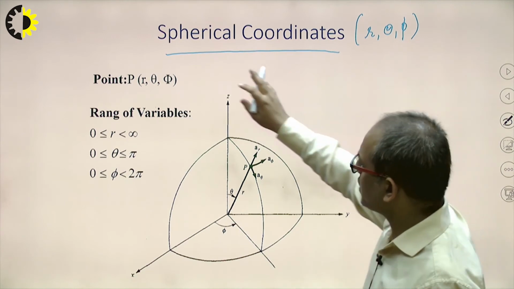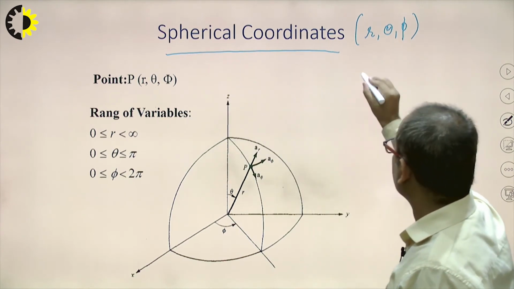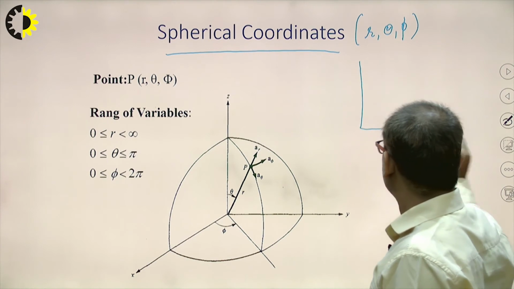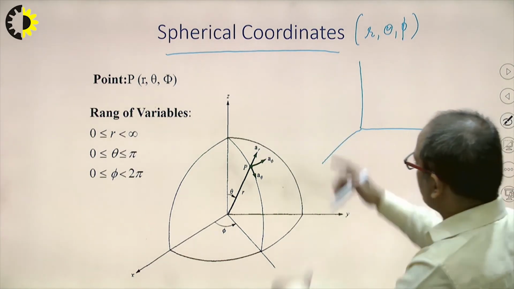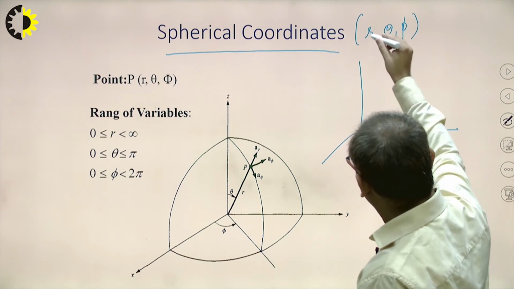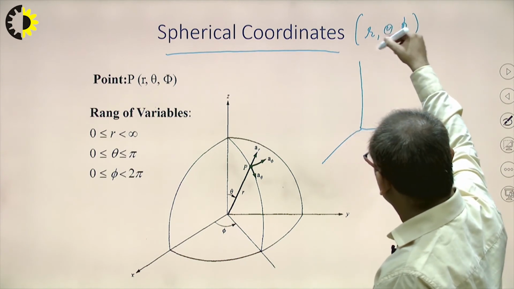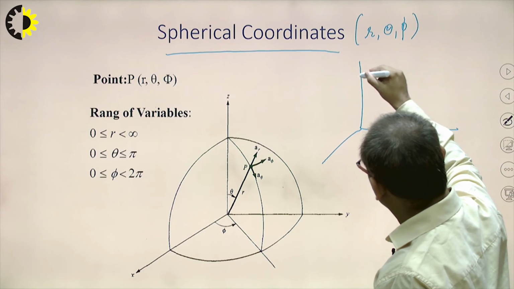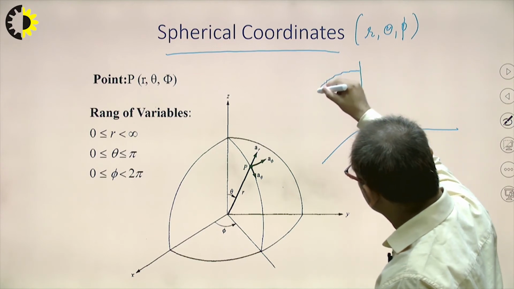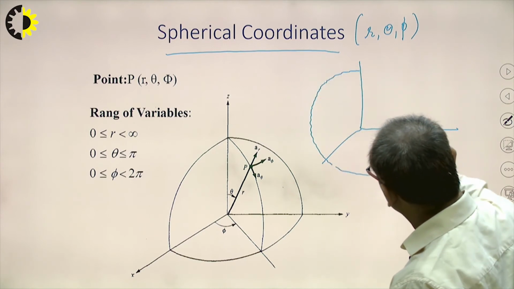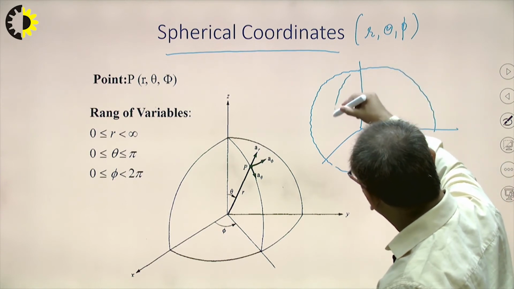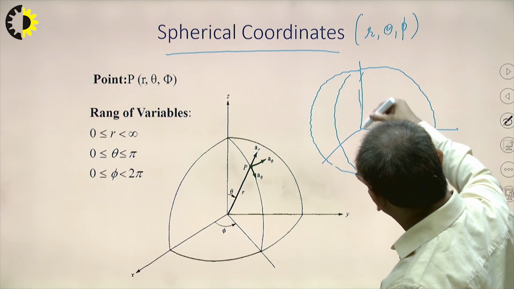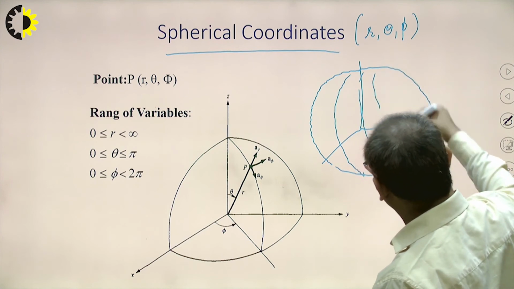If I say spherical coordinate system, it means that if the whole space coordinates are varied infinitely, you will get the sphere, just like a ball.